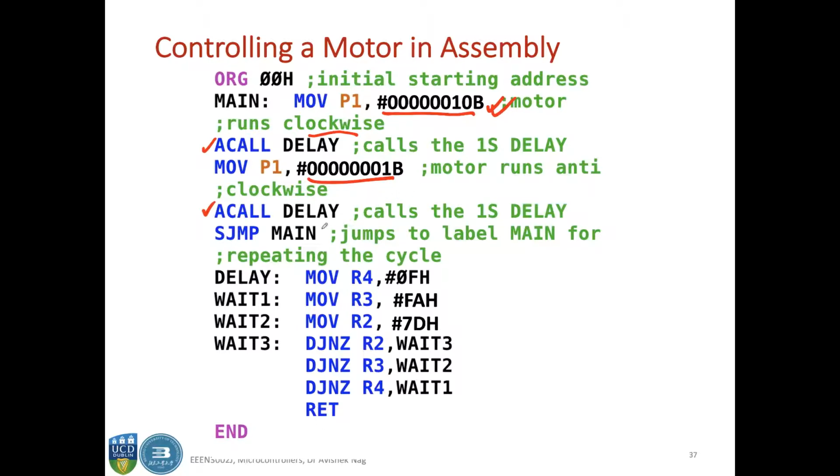And then you can use a delay also, and this delay subroutine can be written like this. So you can have a 1 second delay or any n second delay, or whatever your application requires. So this is a very simple arrangement.